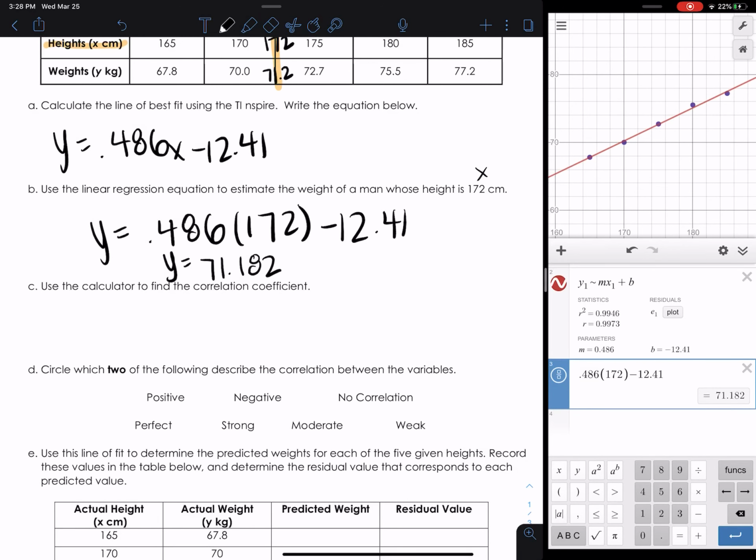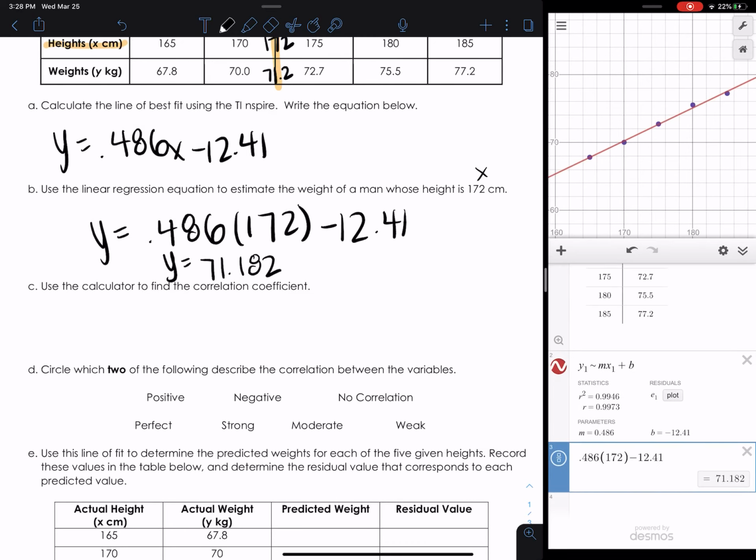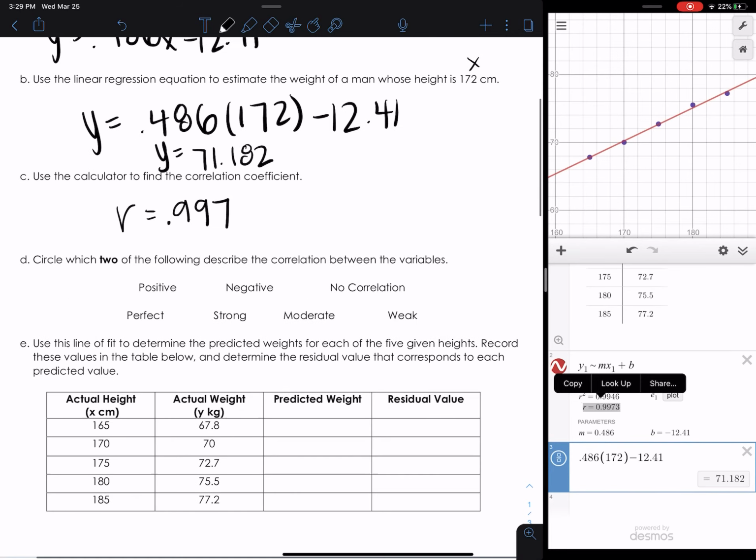The other thing says use the calculator to find the correlation coefficient. So remember on Desmos, it tells us the correlation coefficient right here, the part that I have highlighted. The correlation coefficient here is R equals 0.997. Based on that, think back to what we've learned about correlation coefficients.